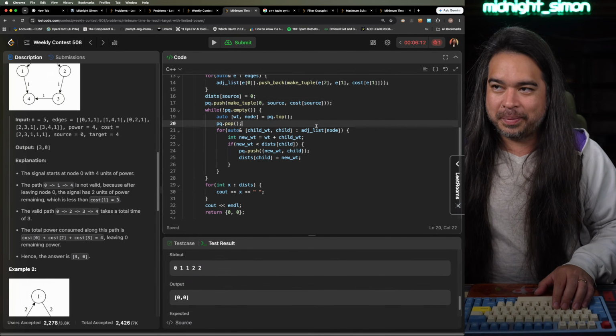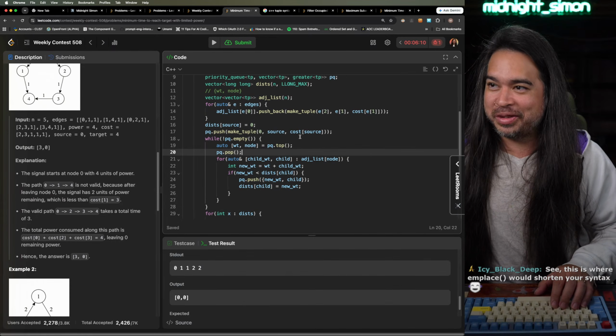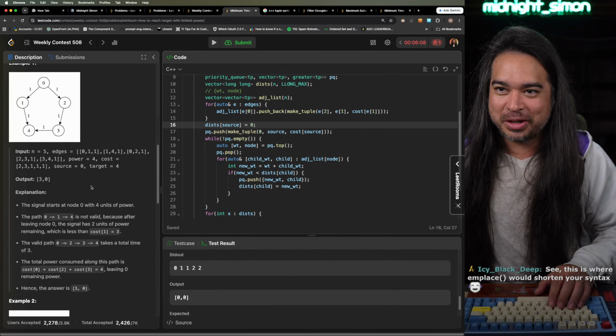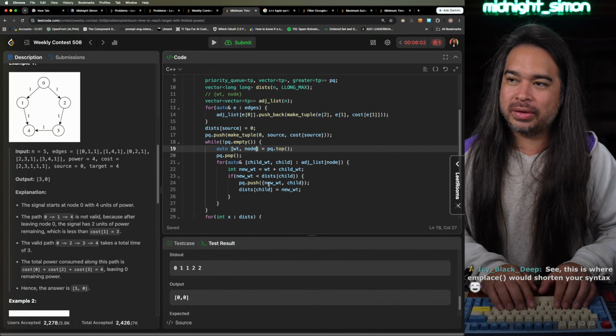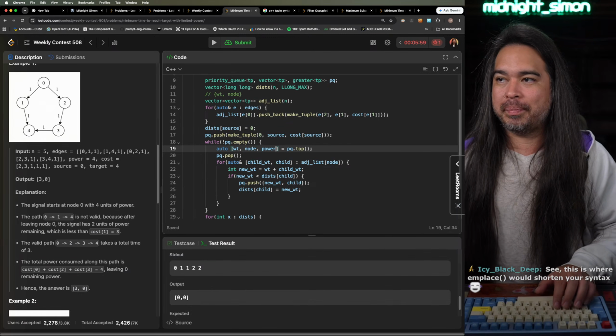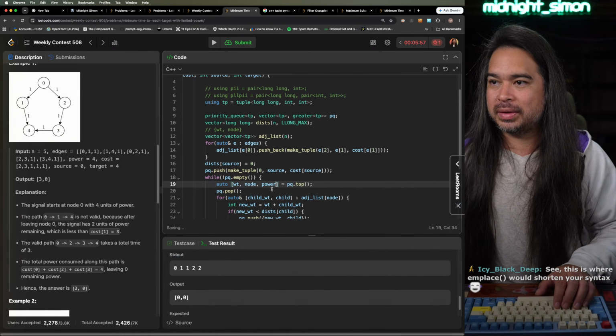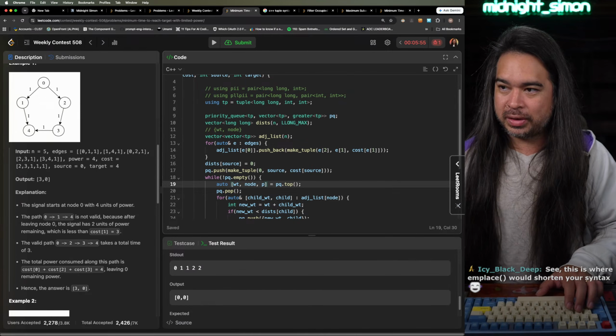Should I give up? My brain can't go this long thinking about these hard problems. Alright, so weight, node, and power, I guess. But there's already a power.